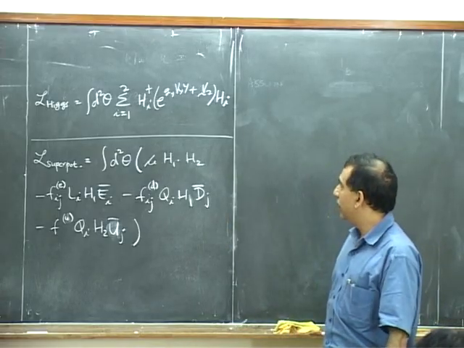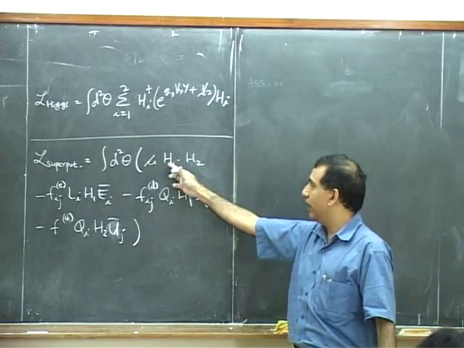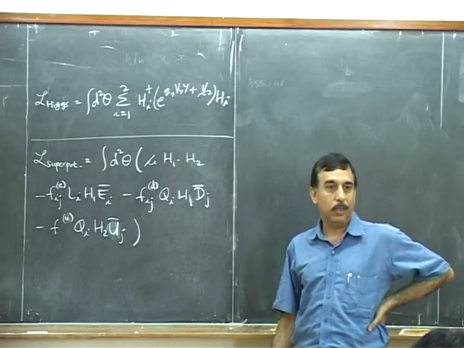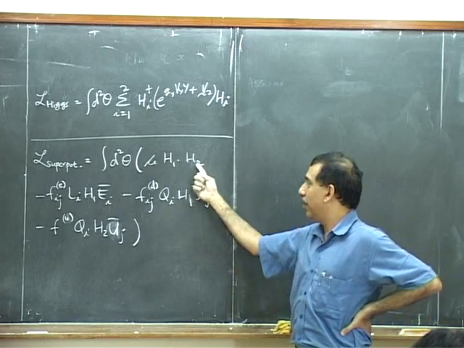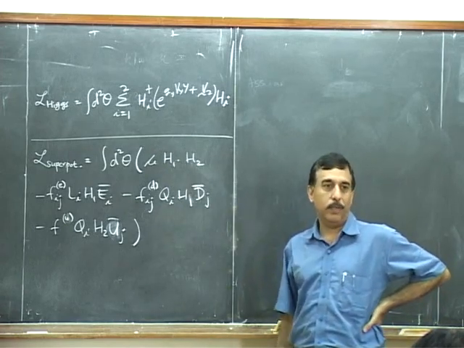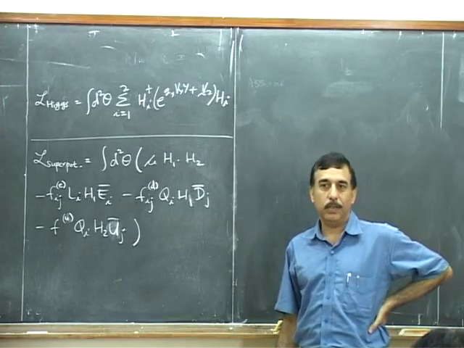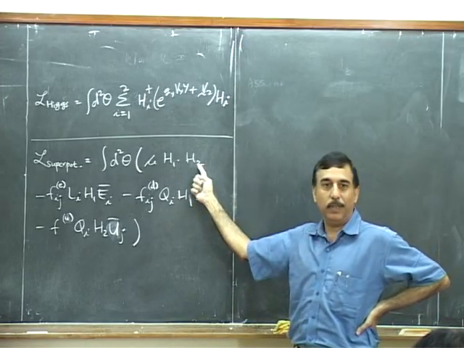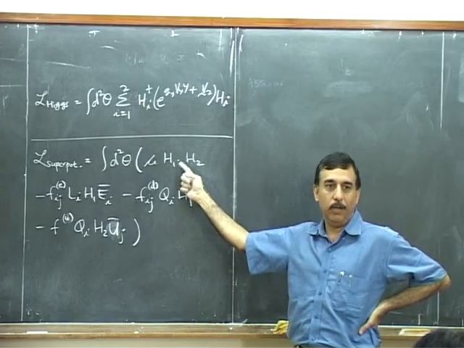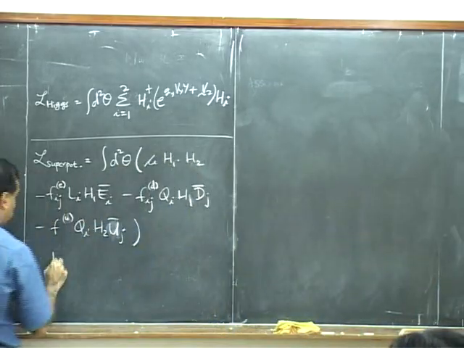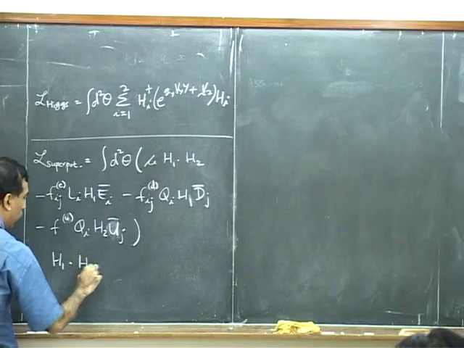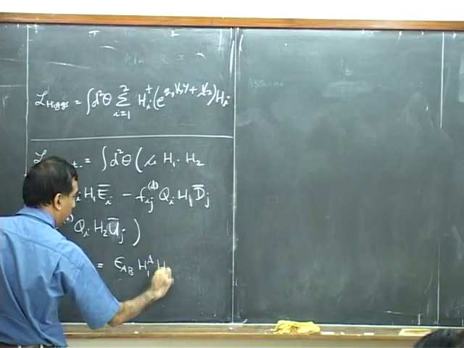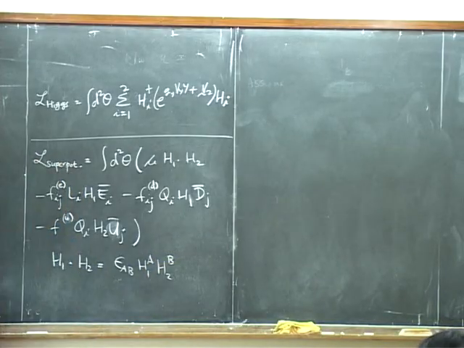The first thing you can see by inspection is that the hypercharge of this is -1 and +1, so at least it's hypercharge neutral. H1 with H1 or H2 with H2 would not have been hypercharge neutral, besides which it would have been 0, because this dot product is antisymmetric between these two fields, since it involves an epsilon. H1 dot H2 is epsilon AB H1A H2B.